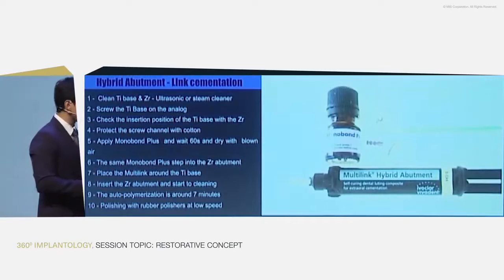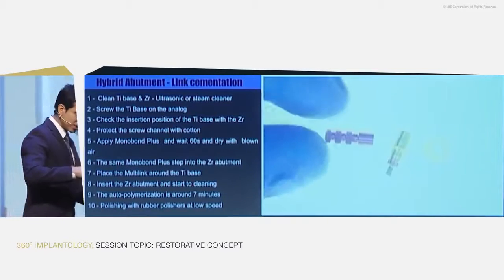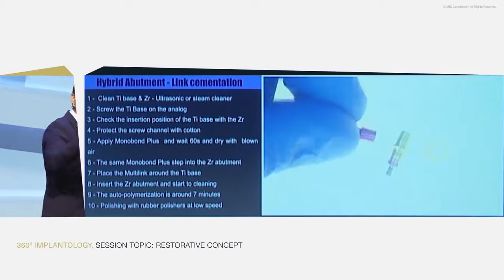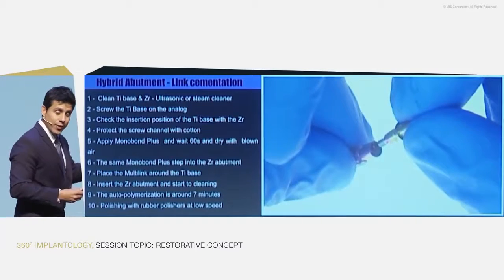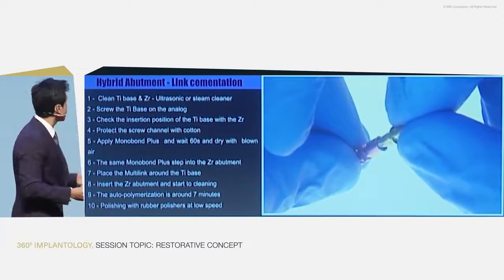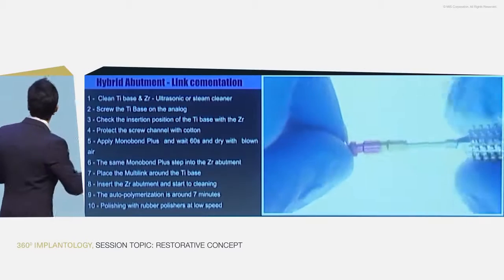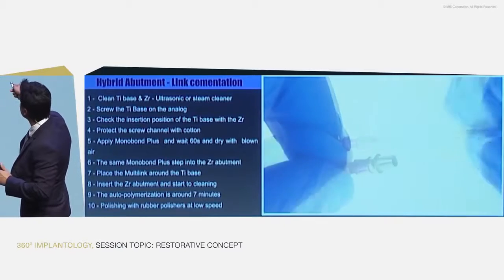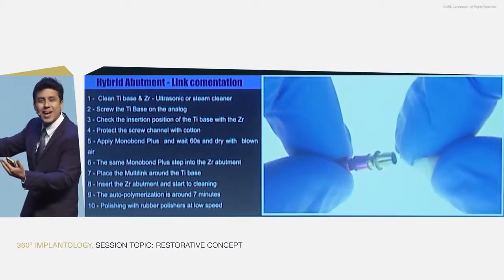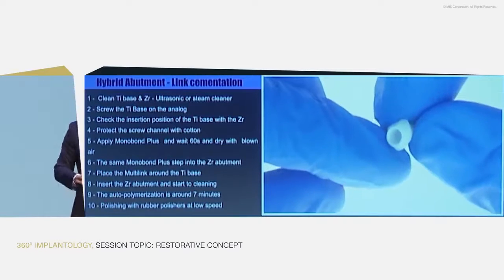And as I mentioned, the problem sometimes could be when you cement. So to achieve a good outcome when you cement the zirconia on top of the T-base, we have the advantage in the emax components that when we place the T-base on top of the analog, the T-base also has one concavity here that will guide us to cement the restorations. And you have to take care to clean the T-base a lot.